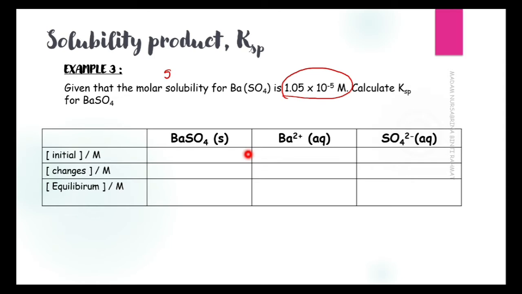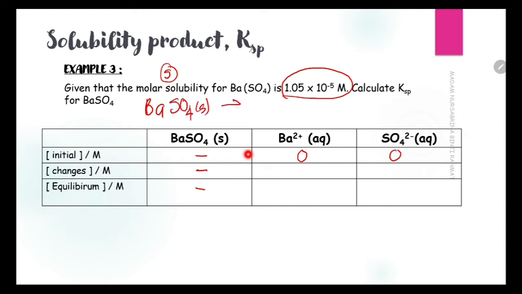So let's start. Molar solubility, I will denote it as S. My barium sulfate initial concentration is definitely 0. We can just ignore the barium sulfate because it's a solid, so it will not alter anything in your equilibrium reaction.